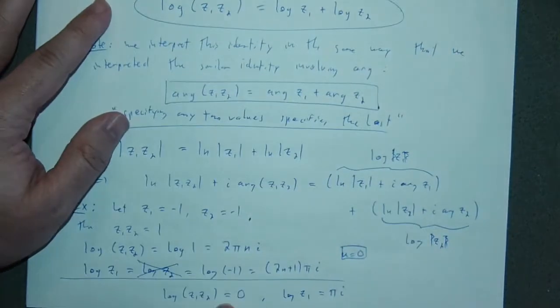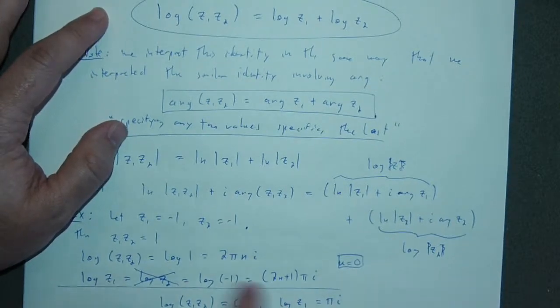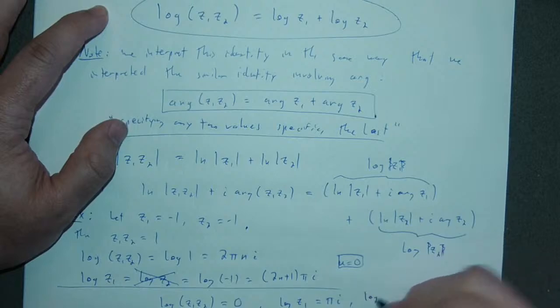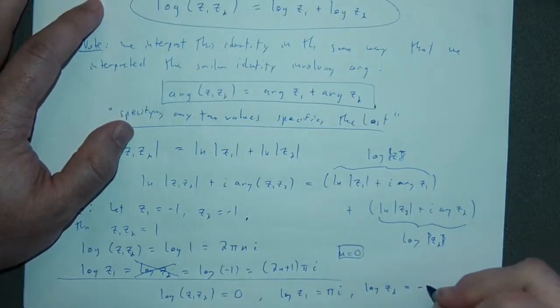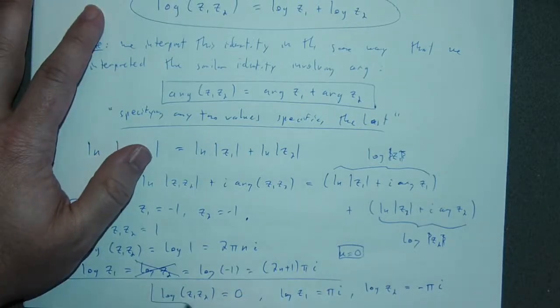This left-hand side is going to be 0, taking the principal value here. And then if I take the value of log z sub 1 to be 1 times pi i, then what value do I need to choose here to make that expression work? Well, I need to choose something that adds to pi i to get 0. So I need minus pi i. I need minus pi i for this to work.